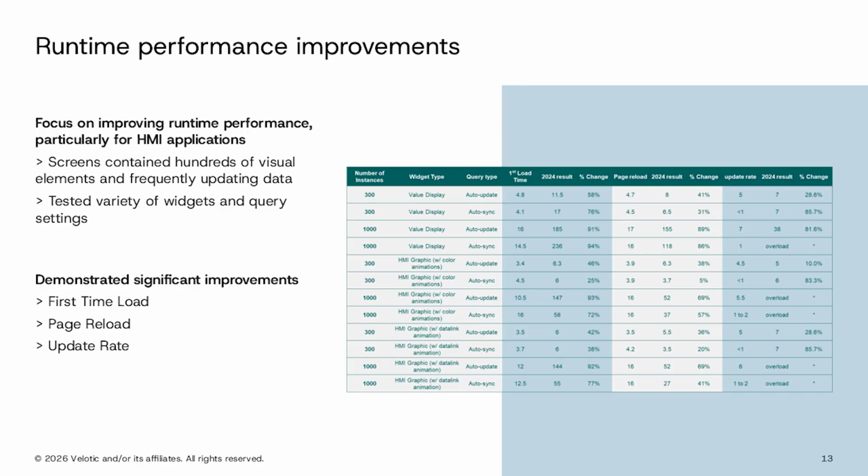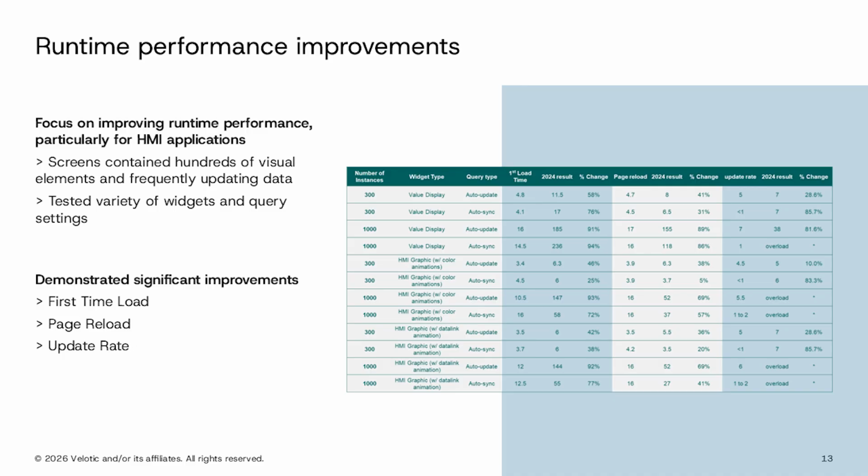So iFix, Simplicity, and Historian. And you'll find here, just take a look at the table on the screen. We tested with hundreds of widgets. You can see that there are numbers here in different scenarios ranging from 300 widgets to 1,000 widgets. And we also varied the data retrieval settings, right?